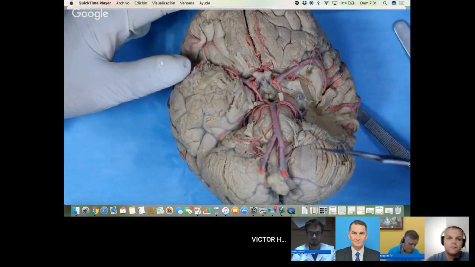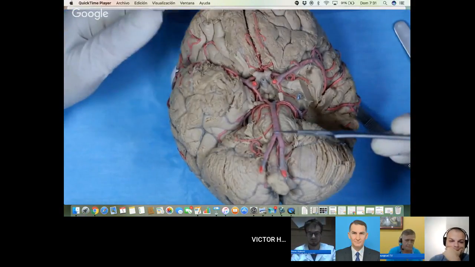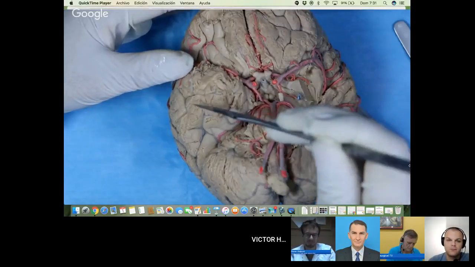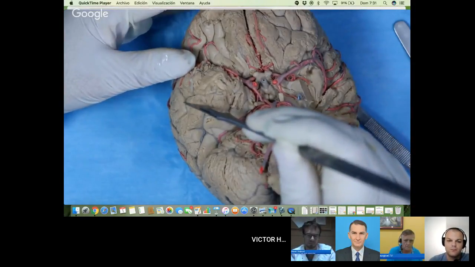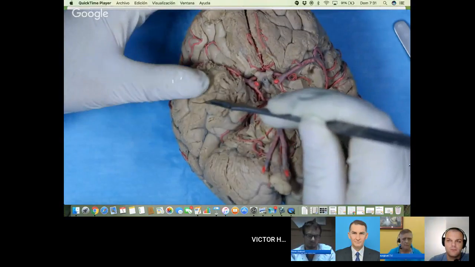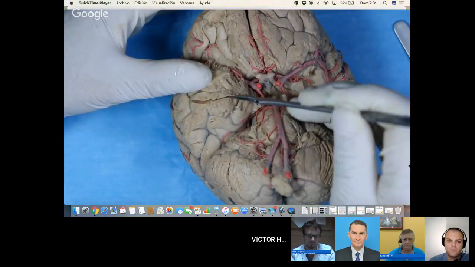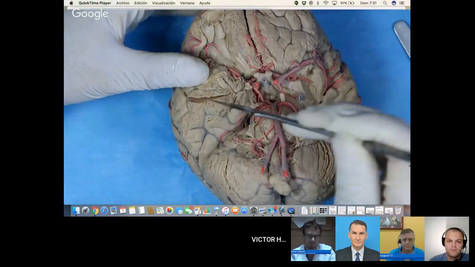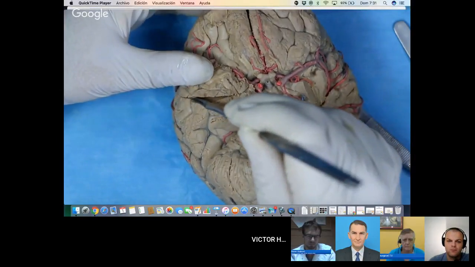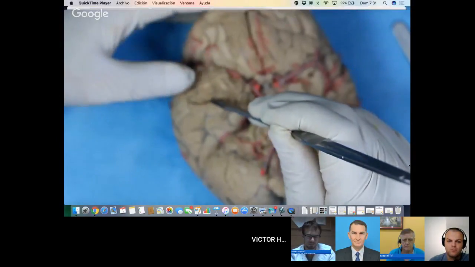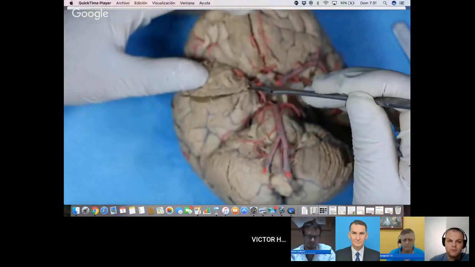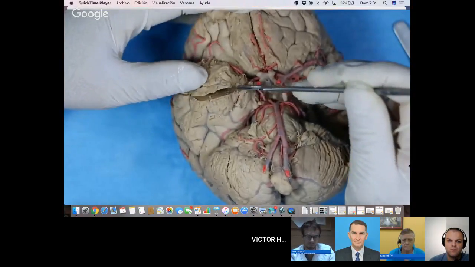Okay, so I'm going to cut this temporal lobe. Some problems with the view.